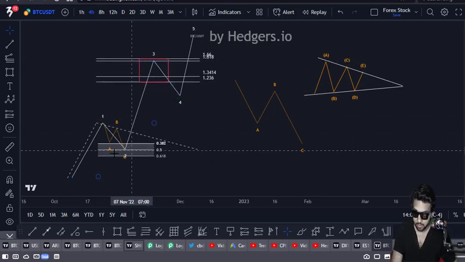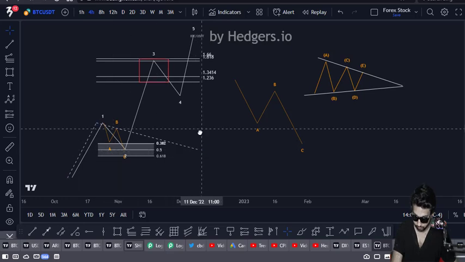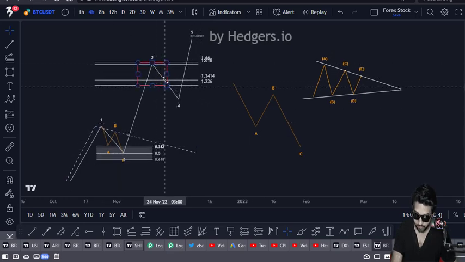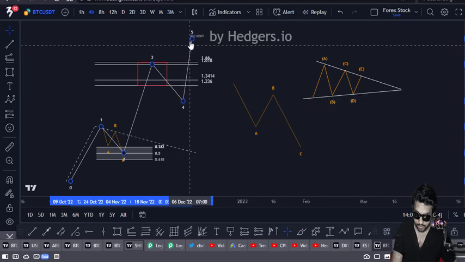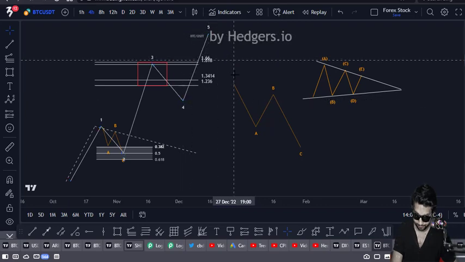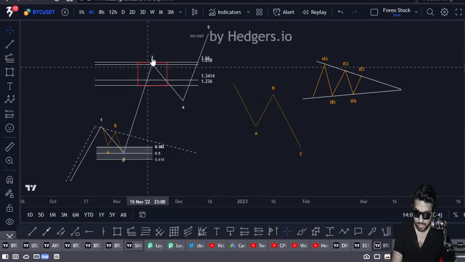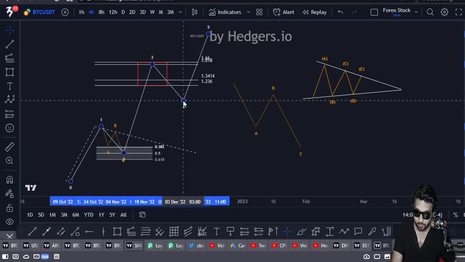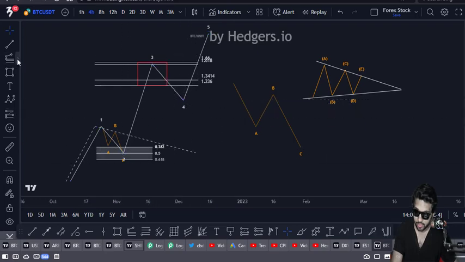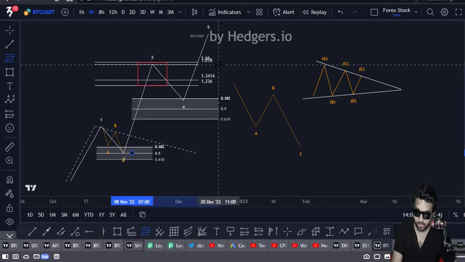Okay, after that you will be finding the wave 4 ending. Now for wave 4, we're gonna do the same that we did with wave 2, taking wave 2 from here, the starting of wave 2 towards wave 3, you see, like this.